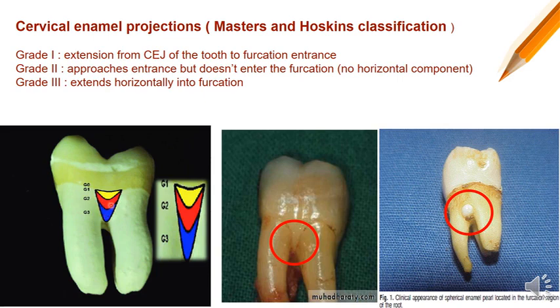Grade 3, which is the advanced grade, extends into the furcation, resulting in a horizontal component, just like this picture. And here we have the enamel pearl, which is also an anatomical factor resulting in furcation involvement because it represents an area of difficult plaque control.